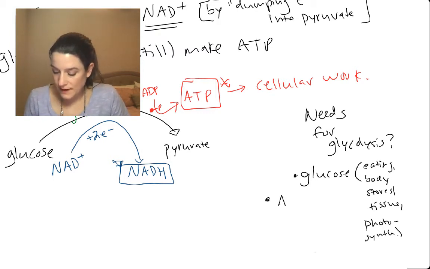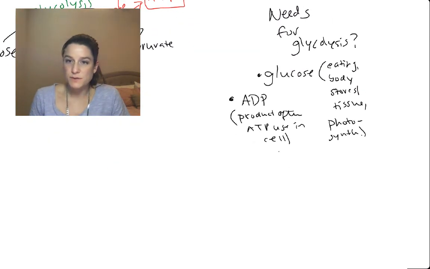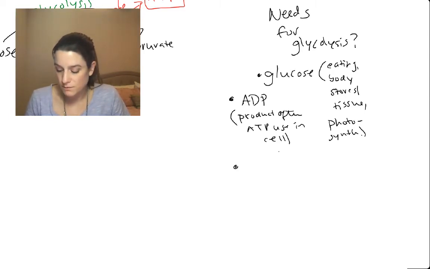You can see we need the ADP. Where does that come from? The product after ATP use in the cell. So it's always being made because the cell's always using ATP, so it's always making ADP. That's not a problem. The deal is that it also needs NAD+.